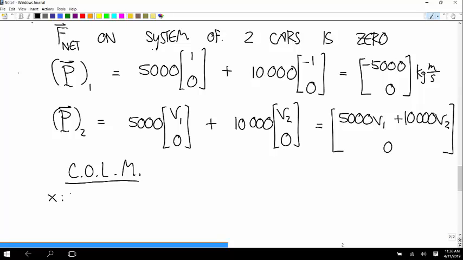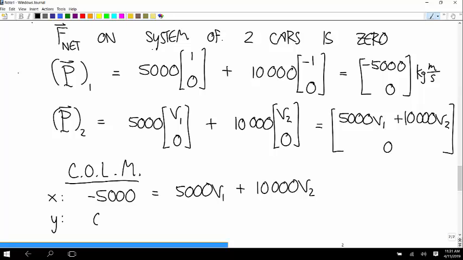The X equation says negative 5,000 is equal to 5,000 V1 plus 10,000 V2. The Y equation just says 0 equals 0, so that doesn't help.